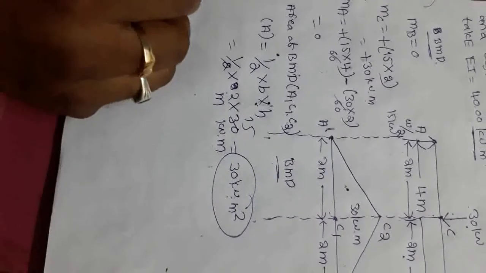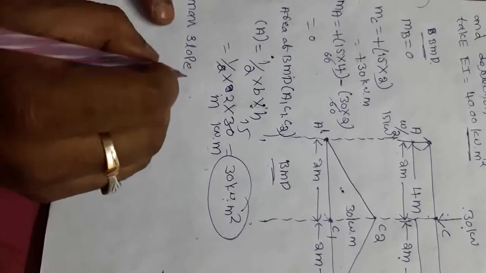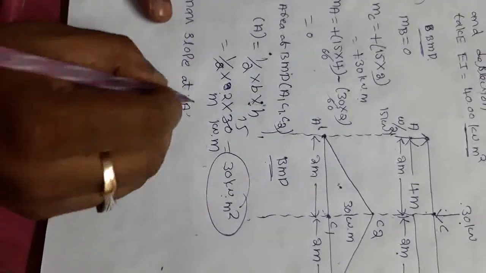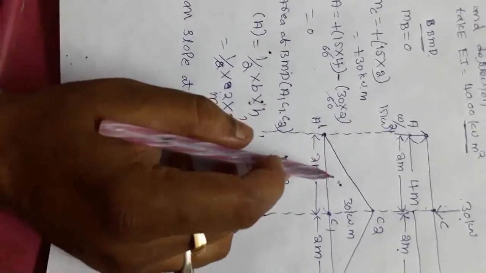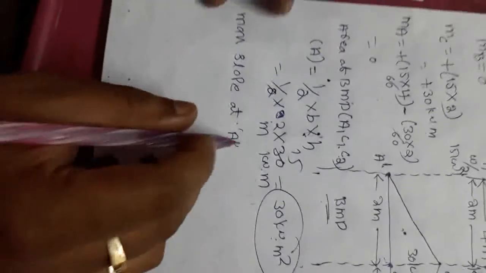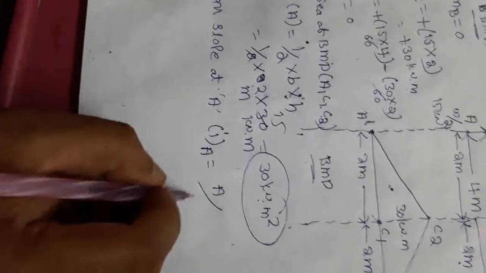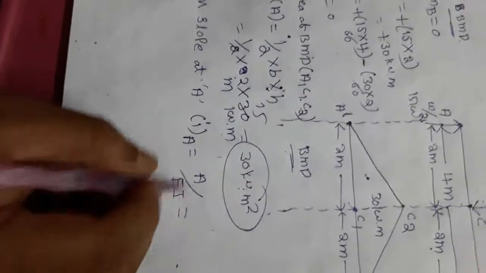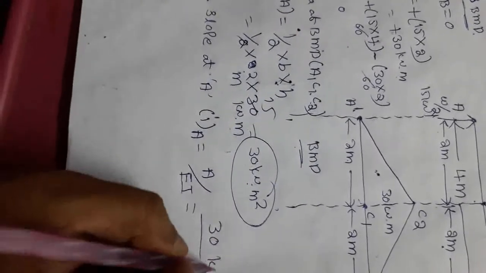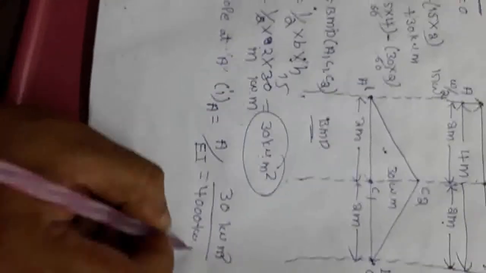And next, after getting the area of the BMD, you can find the maximum slope at A. Why? Because I chose the diagram at the left side. So I can get the slope at A, IA, and the formula is from Moore's theorem 1, A by EI. The area is 30 kilonewton meter square and EI is given in the problem as 4000 kilonewton meter square.